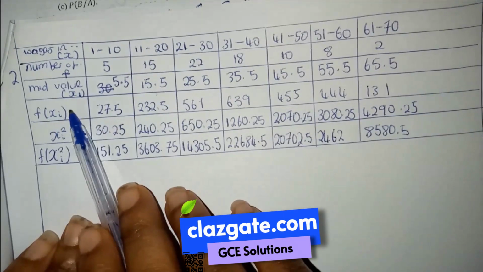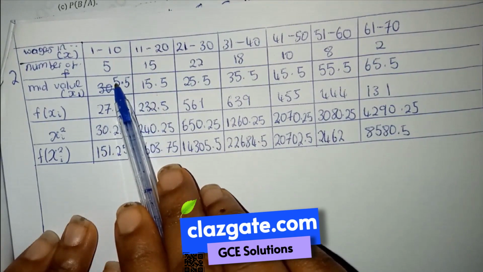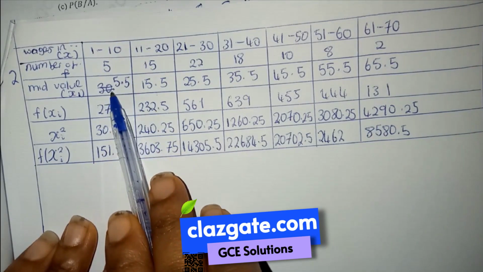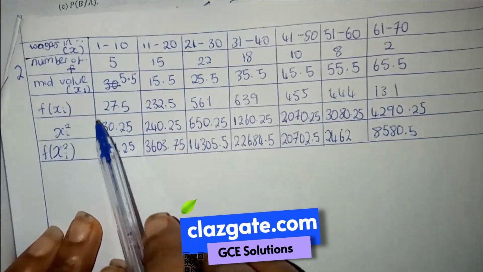So this column is given by the mid values times the frequency, and the mid value is given by the sum of the range ends divided by 2.